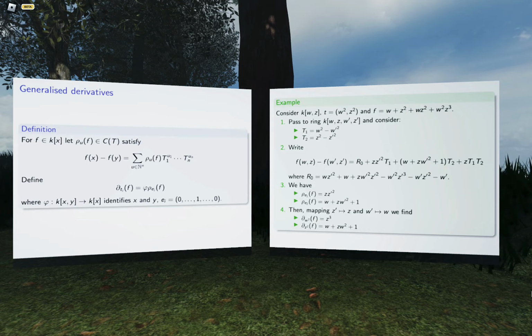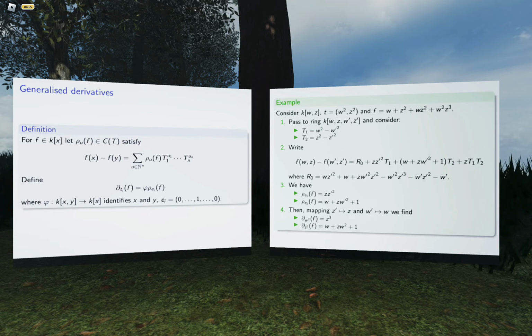Okay, so to get an idea of what's going on here, let's take a look at the following example. If you're following along closely, this is the same example that we had from the very start of this talk. So we'll look at a two-variable polynomial ring and the sequence of squares of the variables. And then we'll look at the polynomial f equals w plus z squared plus wz squared plus w squared z cubed.